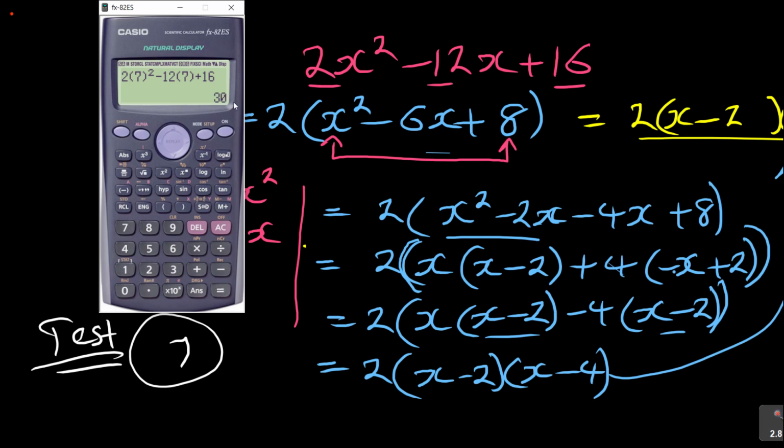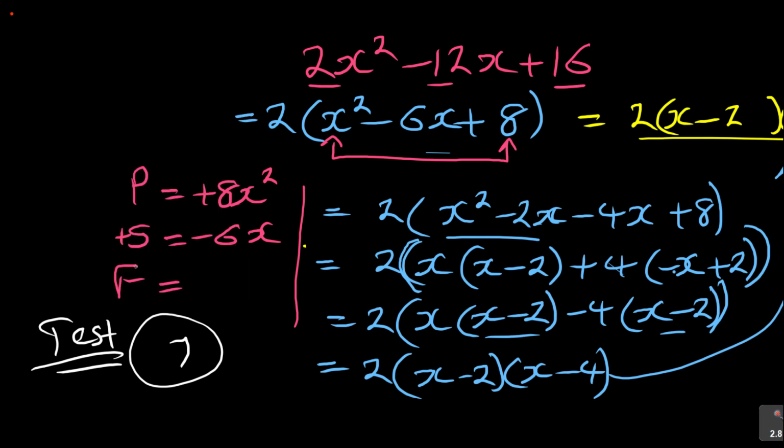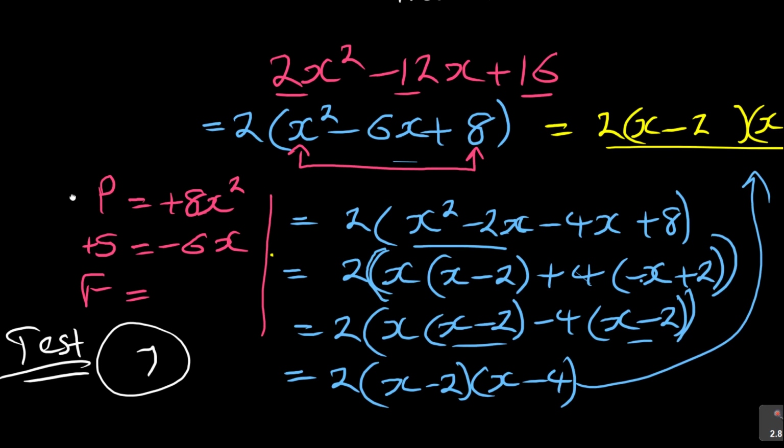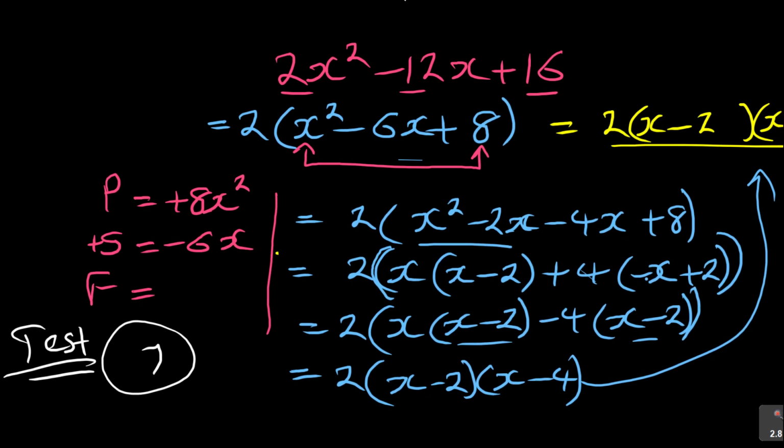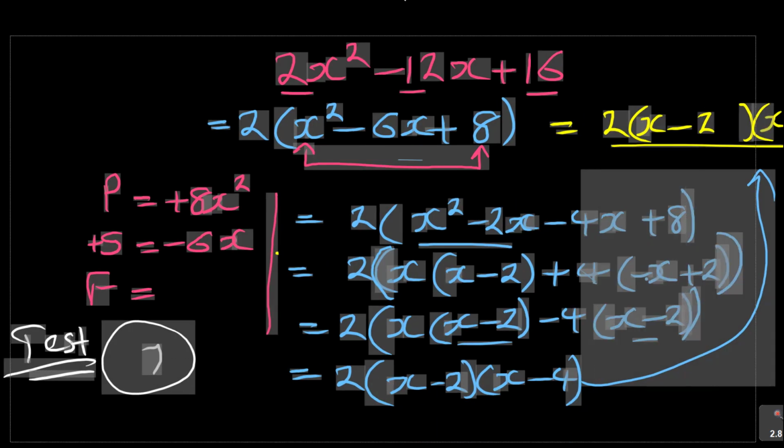What answer do we get? 30. We do it here also. 2 bracket 7 minus 2, and then 7 minus 4. It must give us 30 also. There, you see, when answers are matching, we're good. I hope you guys are learning here, and I hope these things are making practical sense to you.